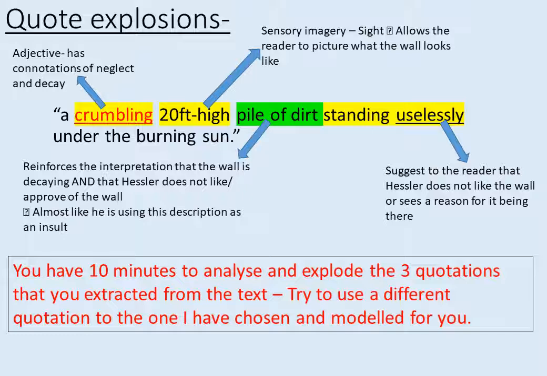Pile of dirt reinforces the interpretation that the wall is decaying and that Hessler does not like or approve of the wall, almost like he is using this description as an insult. And then uselessly suggests to the reader that Hessler does not see a reason for it being there. And because it's standing uselessly, it is an adverb. So remember, you always get a few extra marks for adding in the word classes.